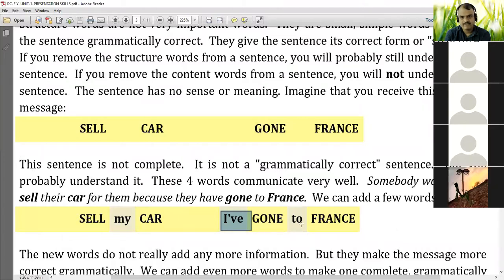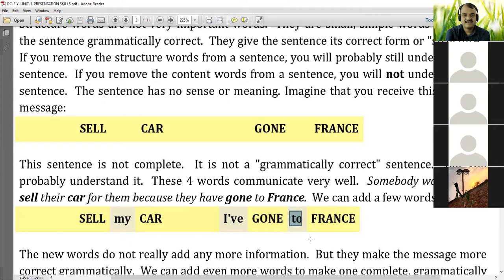Yes, sir. Now come to the third word which you find here in small letters. What is the third word here? Two. Okay. And from which category is it? It is a preposition, not an article.